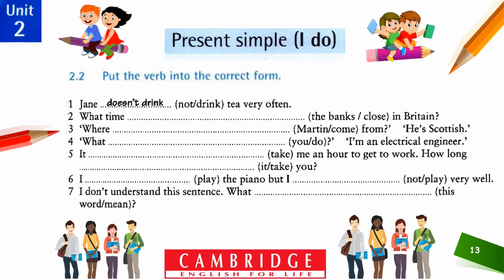The pronoun is she. So for she, we need to use the auxiliary verb does. Already not is given, so therefore Jane doesn't drink tea very often. The same manner you need to complete the other sentences as well. You need to see the appropriate usage of the verb in the appropriate sentence.